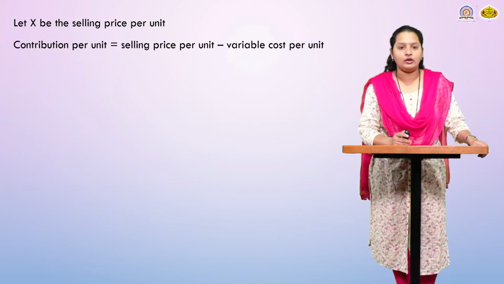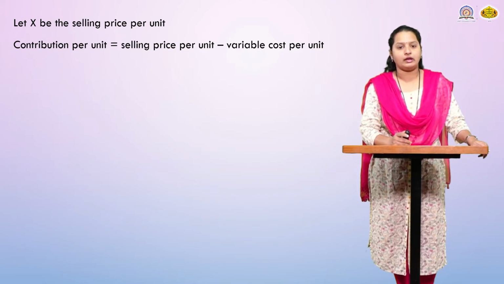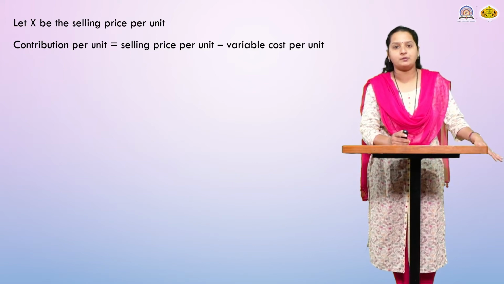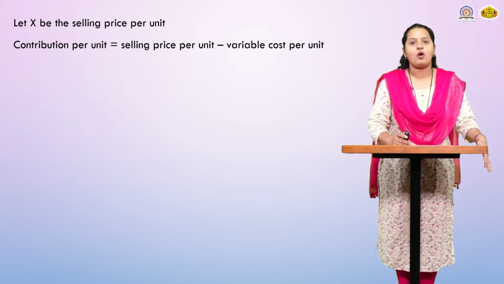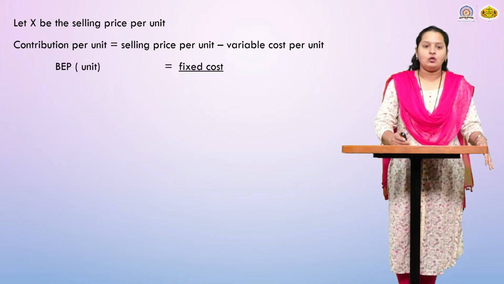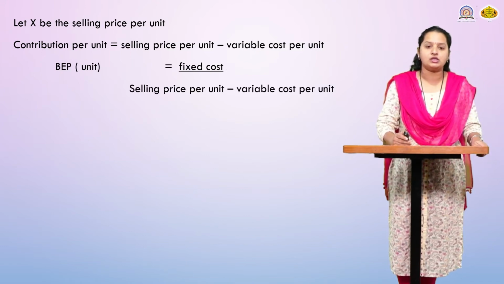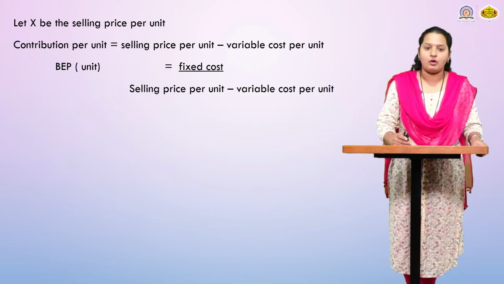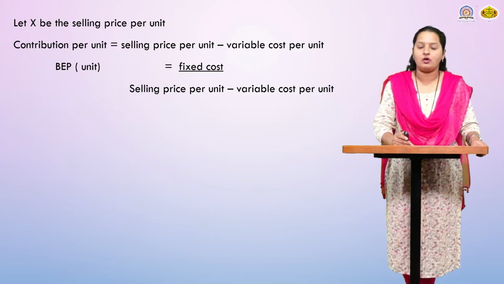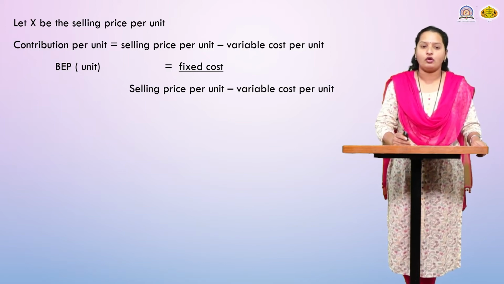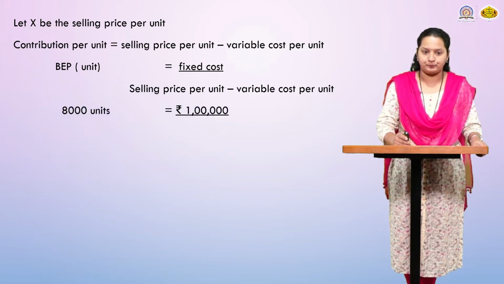How can we calculate the contribution per unit? Again by the formula of selling price per unit minus variable cost per unit. So BEP units is equal to fixed cost upon selling price per unit minus variable cost per unit, which is known as contribution per unit.